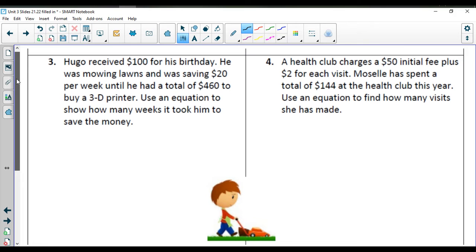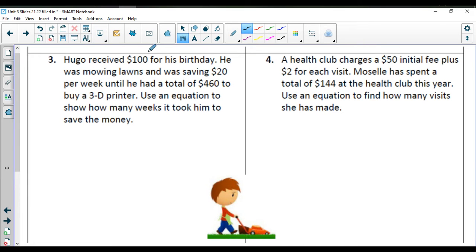For question number 3, Hugo received $100 for his birthday. He was mowing lawns and was saving $20 per week. So that happened more than once until he had a total, here's my equals number, of $460 to buy a 3D printer. Use an equation to show how many weeks it took him to save the money. So he started off with $100 and he was saving $20 per week, and that's going to equal 460.